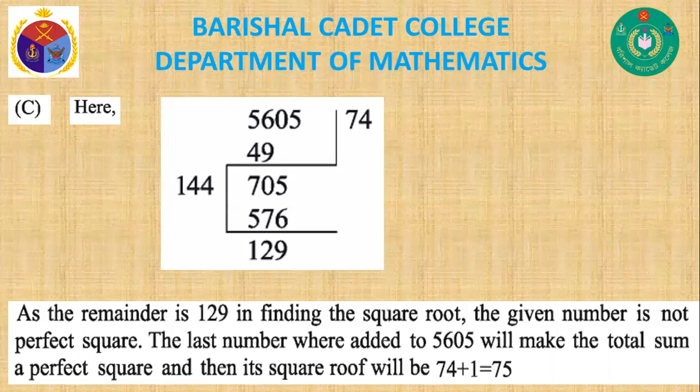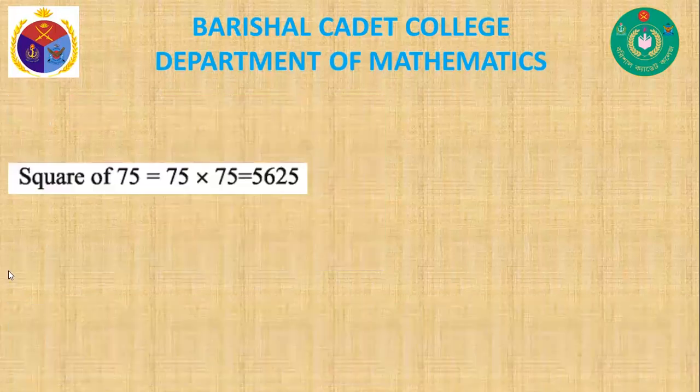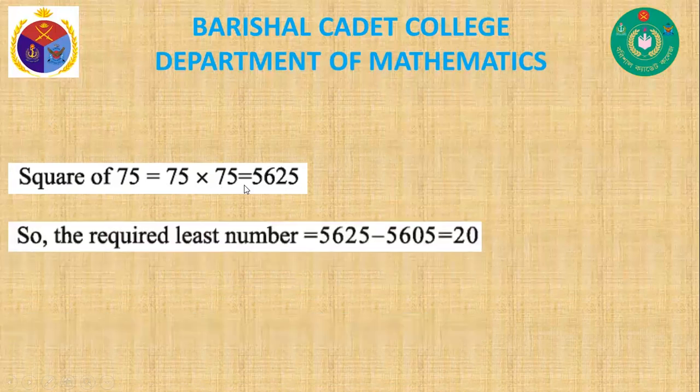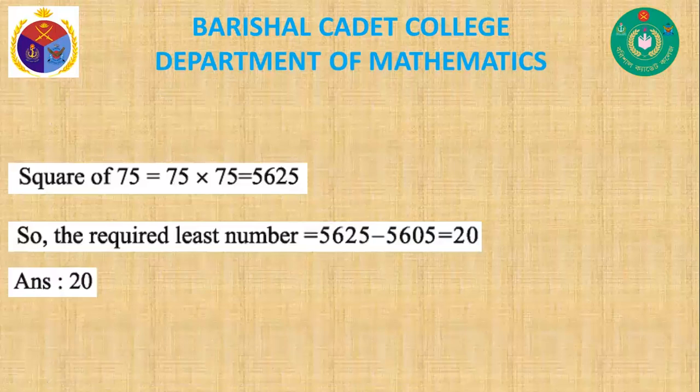So the square of 75 equals 75 into 75, that is 5625. So the required least number must be 5625 minus 5605, that is 20. So the result is 20.